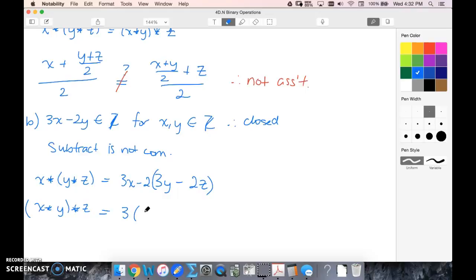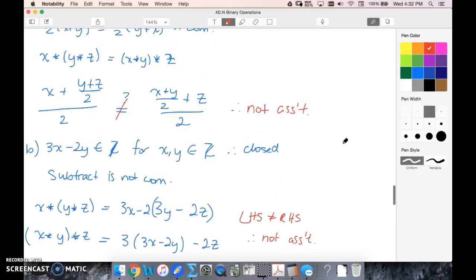So 3 times (3x minus 2y) minus 2z. Straight away, this is going to give me a positive 4z, which I'm not going to have down here. Therefore, the left-hand side doesn't equal the right-hand side, therefore it is not associative.